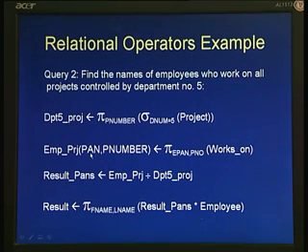Okay. Then which are all projects that employees work on: take the PAN number and the project number from works on. Okay. Now what we have to do is compute a division between employee project and department 5 project, which basically gives us the set of all PAN numbers of employees who work on all projects, or who are associated with all projects of department 5, which is the result.